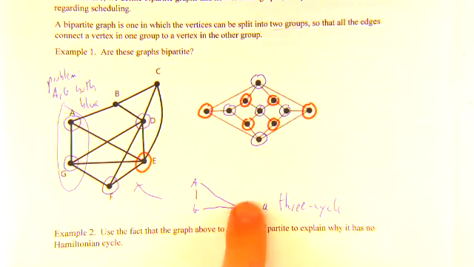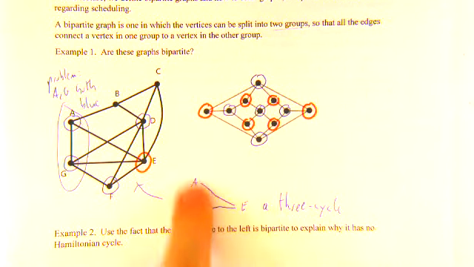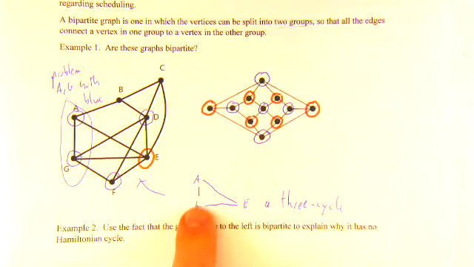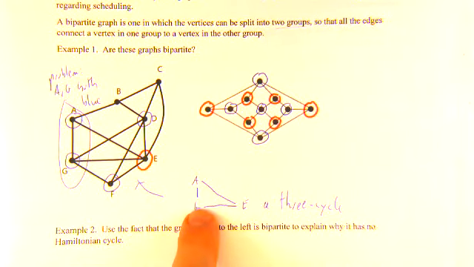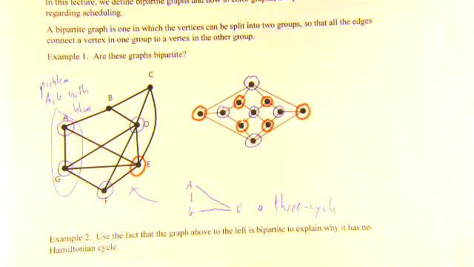Whatever color E is, if A and G have to be different colors from E, then A and G have to be the same color, and then it's not bipartite because those are two vertices of the same color sharing an edge, and you can't have that. So if you have a three cycle in a graph, it can't be bipartite.